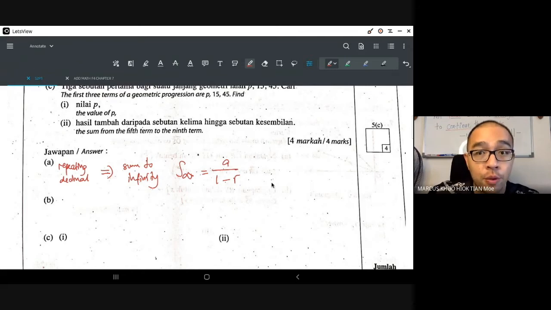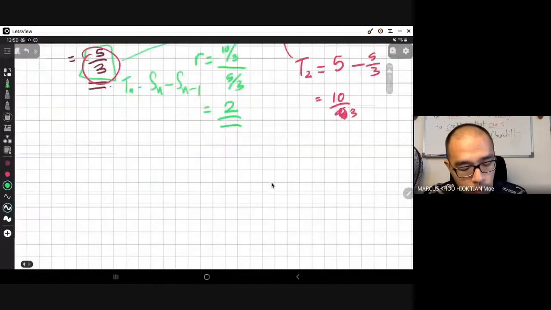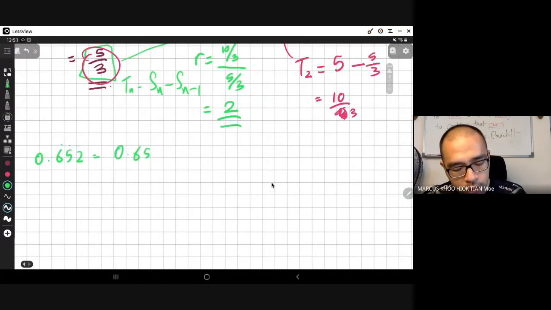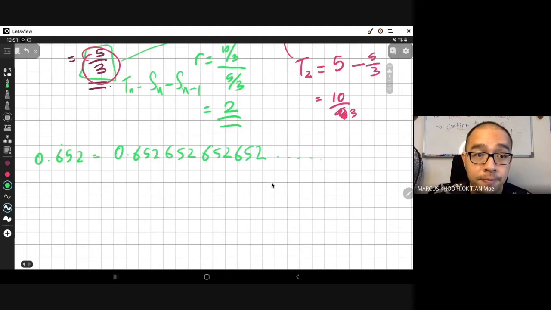Then you can find the sum to infinity. So in a repeating decimal like this, 0.652 repeating equals 0.652652, and so on.